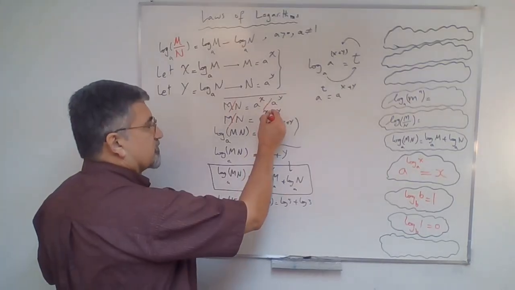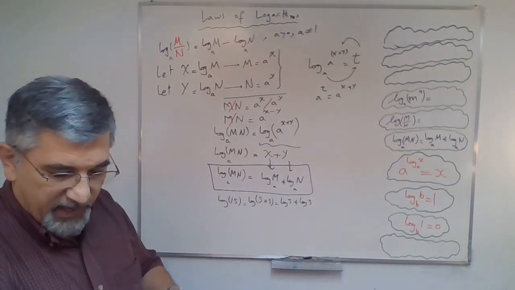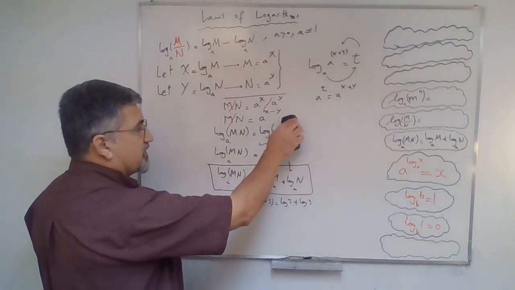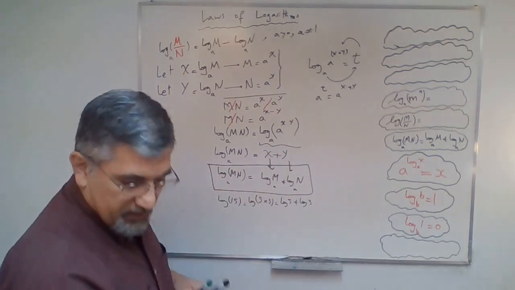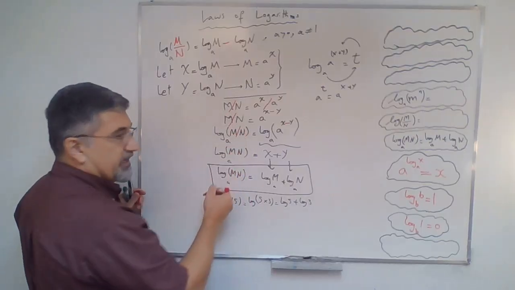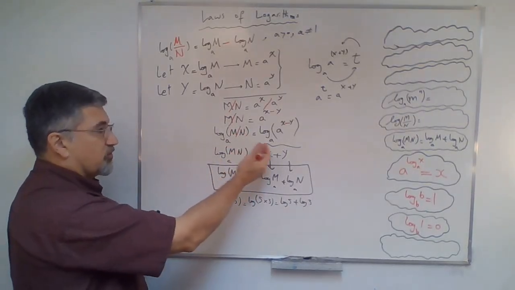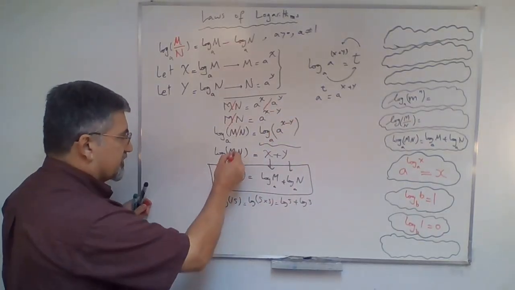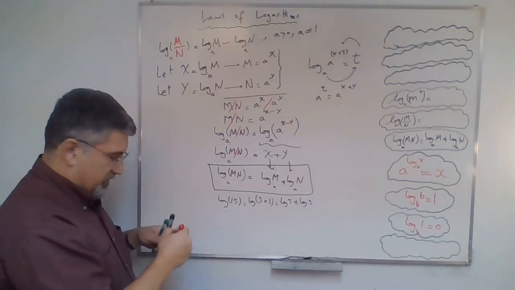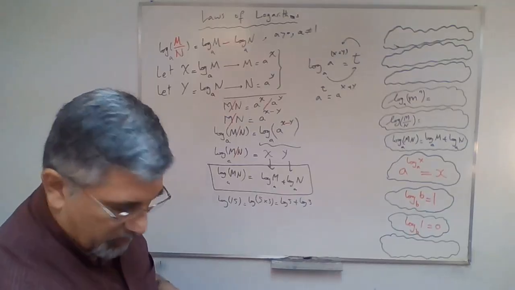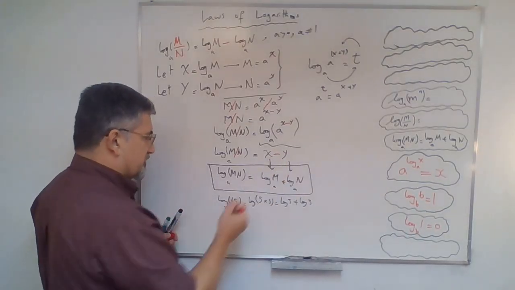So this exponent here becomes x minus y and not x plus y as it was before. Everything else in the argument is valid. So the log of the quotient m over n equals log of a to the exponent of x minus y this time. And log of m over n, I show it with a slash, is going to be x minus y for the same reason I explained earlier.